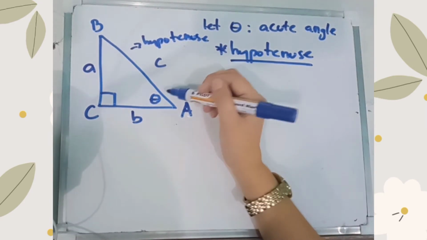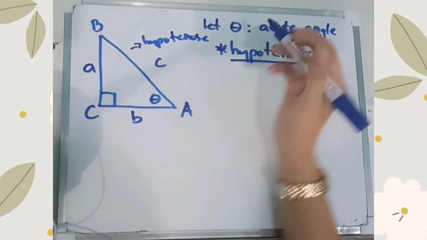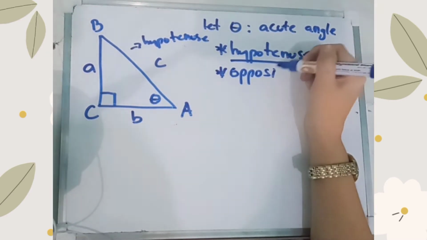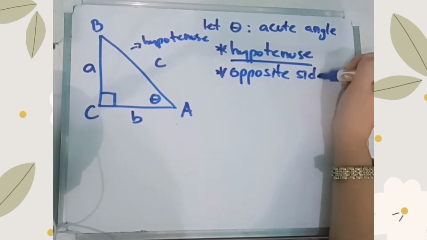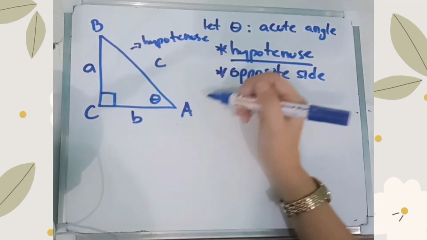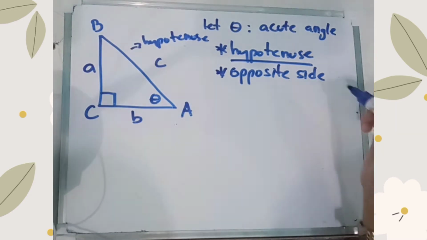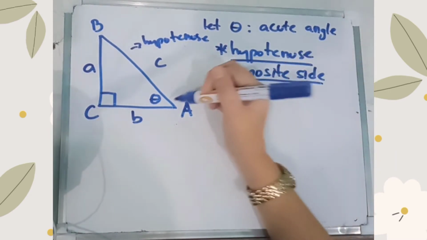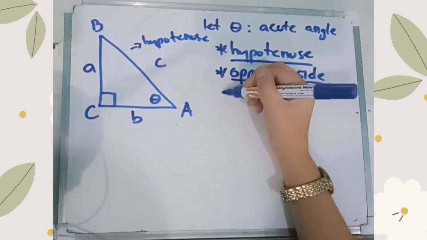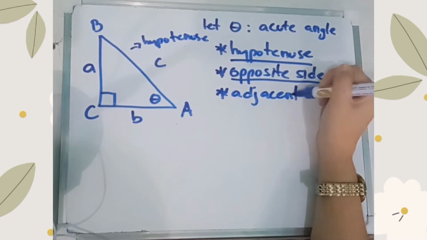The next one, with respect to angle theta, is what we call the opposite side. Basically, the opposite side is the side opposite the angle theta, and in our illustration, that is side a. Lastly, we have our adjacent side.